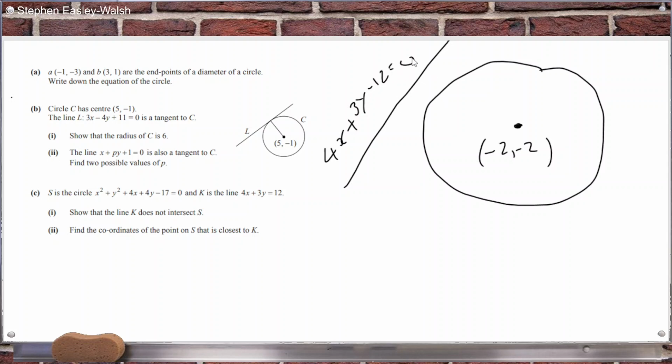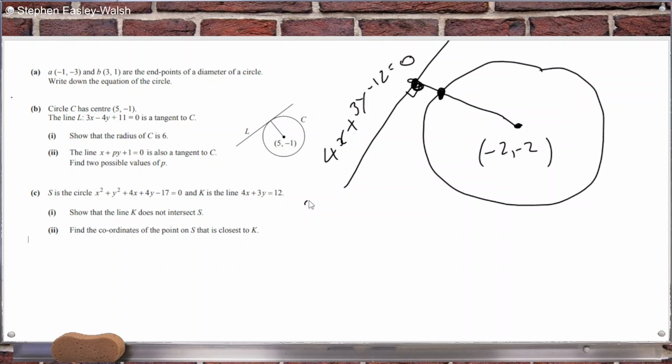And there's a point here on the line. Find the coordinates of the point on S. Well, actually, firstly it's on the circle. So do I even need this point? Maybe. Oh, they're perpendicular. So I need the point.